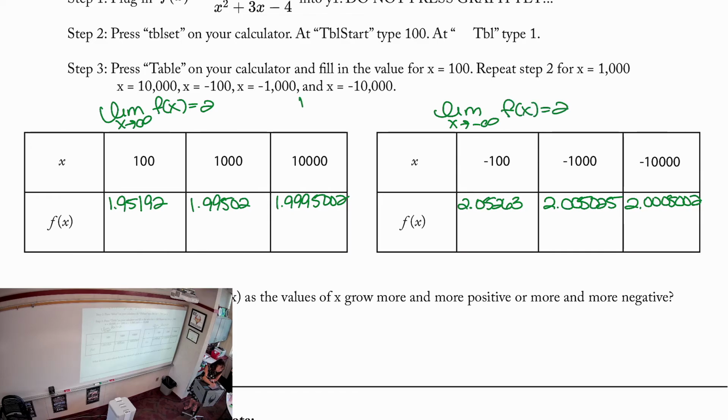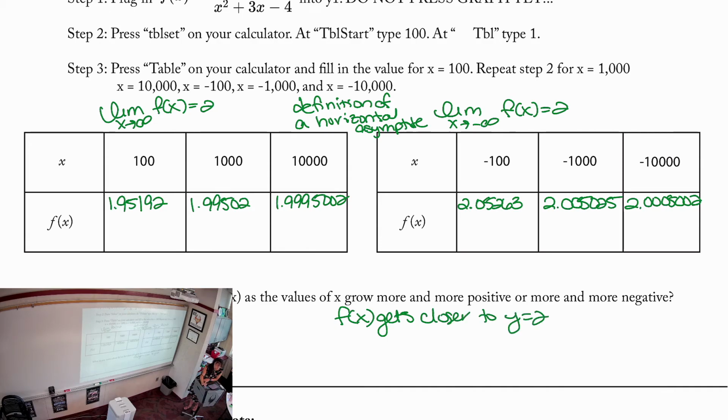And these are the definition of a horizontal asymptote. You do not have to create this table ever to know what the horizontal asymptote is. You can eyeball it, or I will show you later algebraically how to do it. So f of x gets closer to y equals 2.